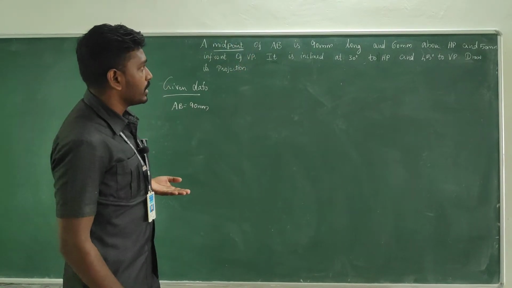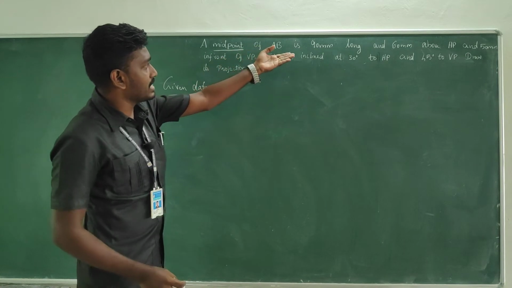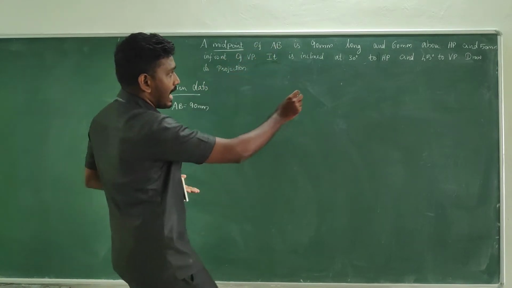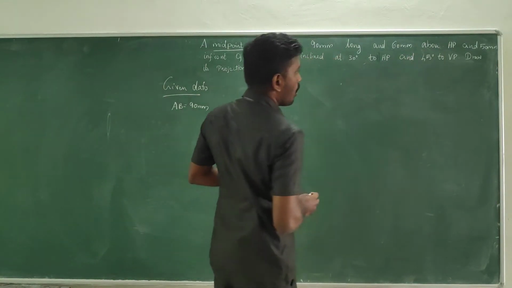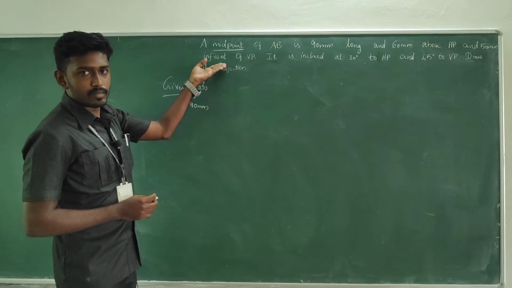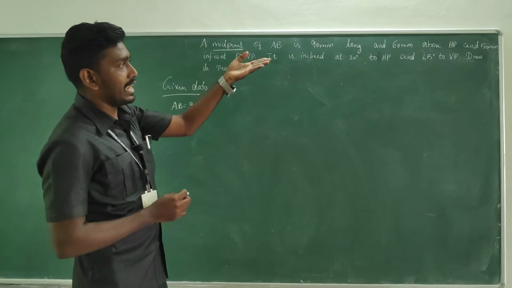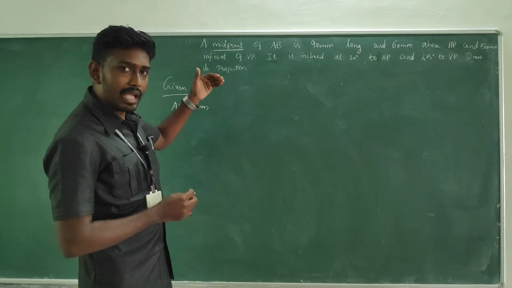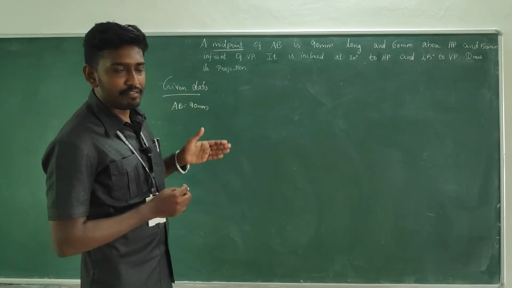the midpoint of line AB is 90 mm long and 60 mm above HP and 50 mm in front of VP. Read it clearly. The midpoint of the line is somewhere above the HP and somewhere in front of VP.